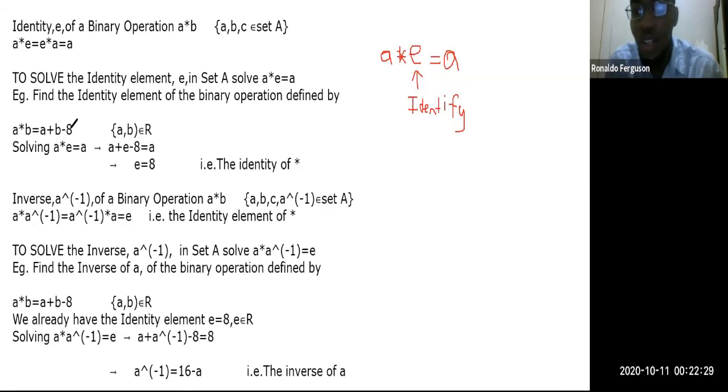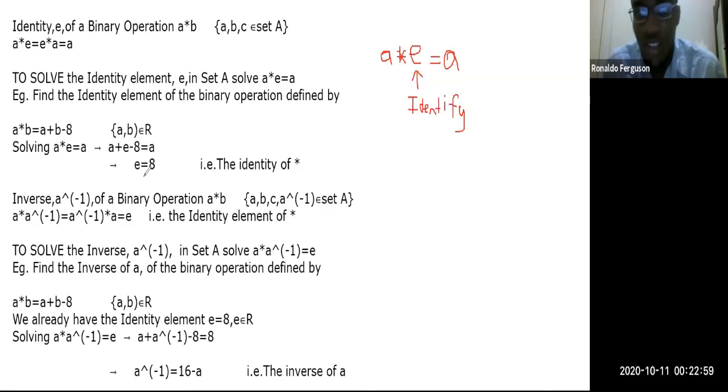And so all we're going to do to find the identity is solve this equation, A star E equal to A. So replace B with E and set it equal to A. But then A star E would be A plus E minus 8. So we get A plus E minus 8. Then the A's cancel. And so the identity of star is 8. That gives us the identity.